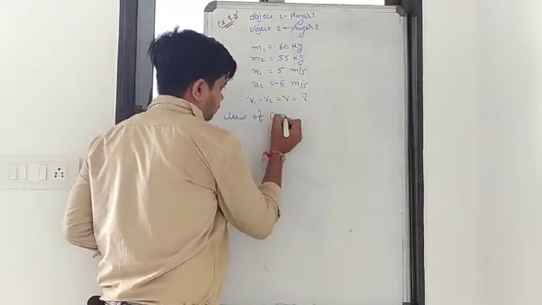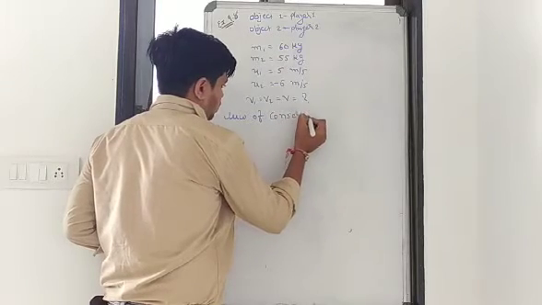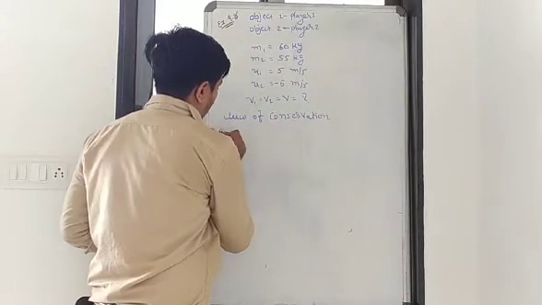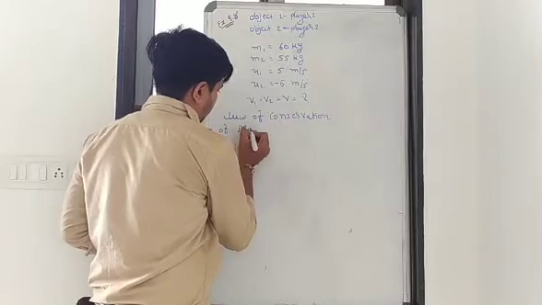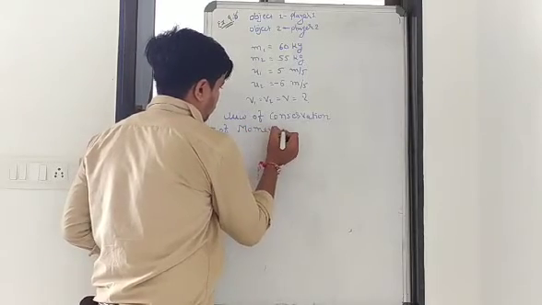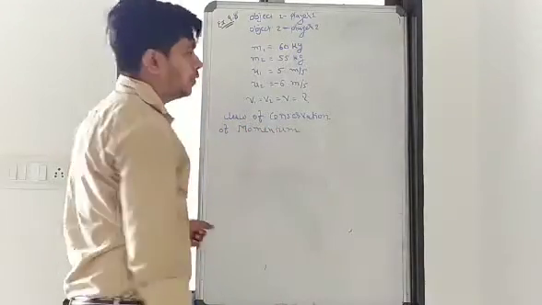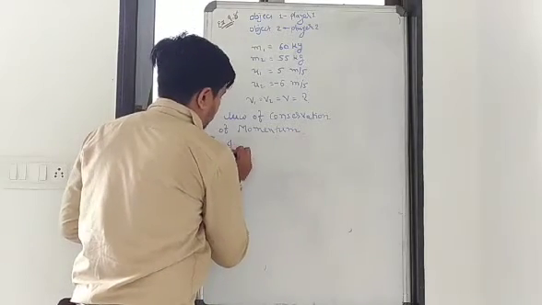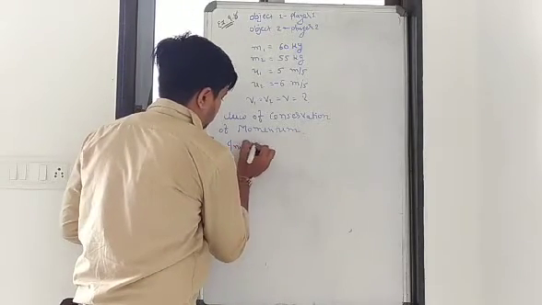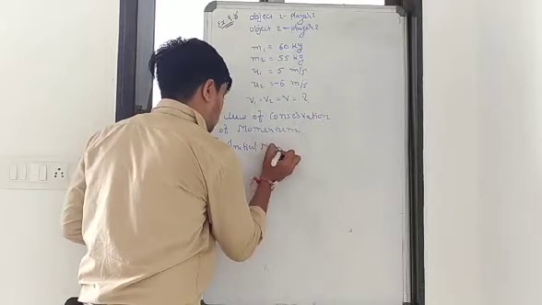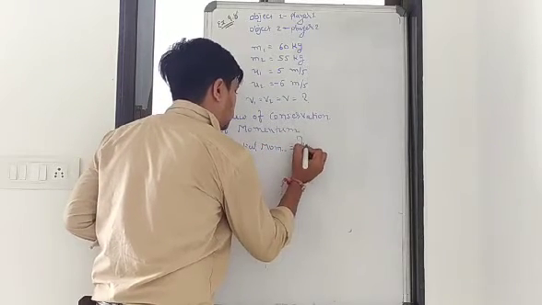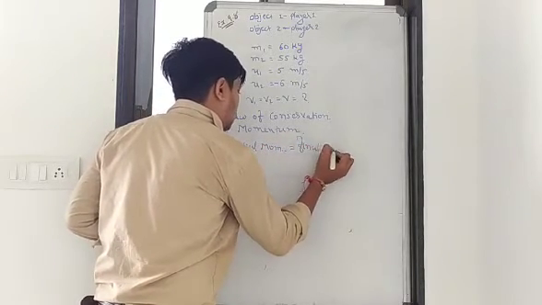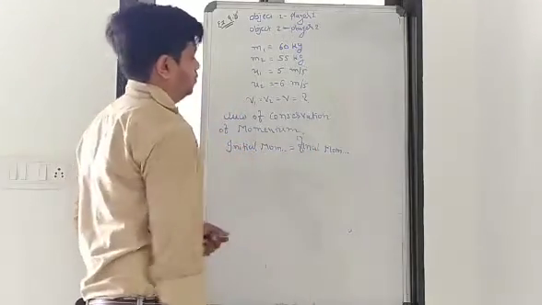Law of conservation of momentum. So according to it, initial momentum is equal to final momentum.